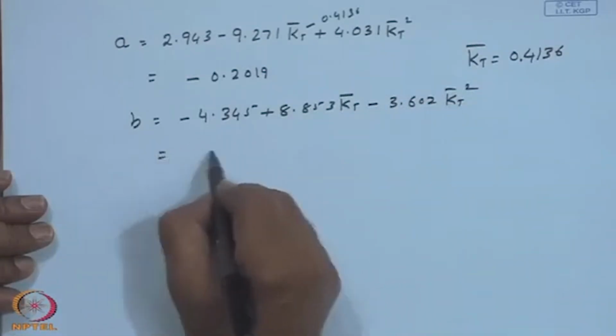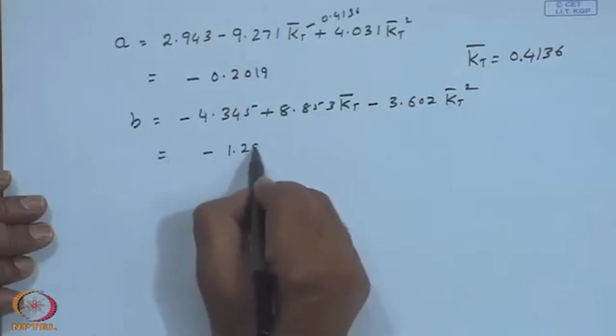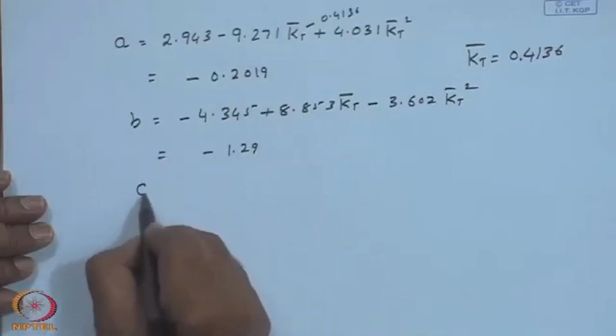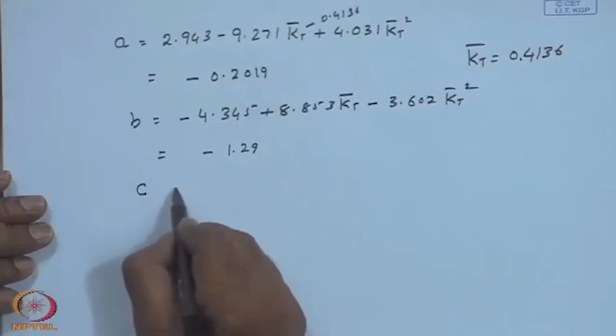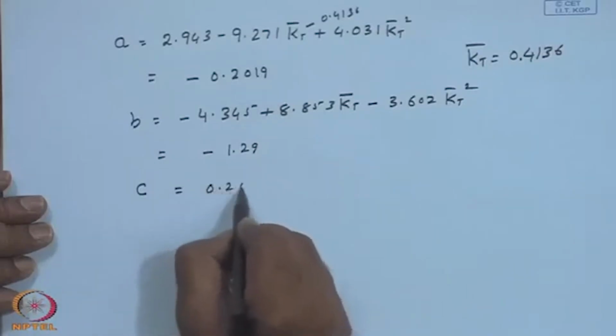This will be equal to minus 1.29. Then C, you can calculate it, or whatever is the formula, that turns out to be 0.205.